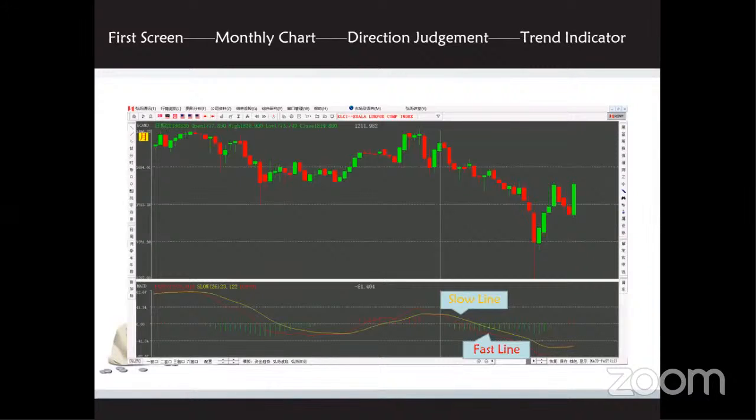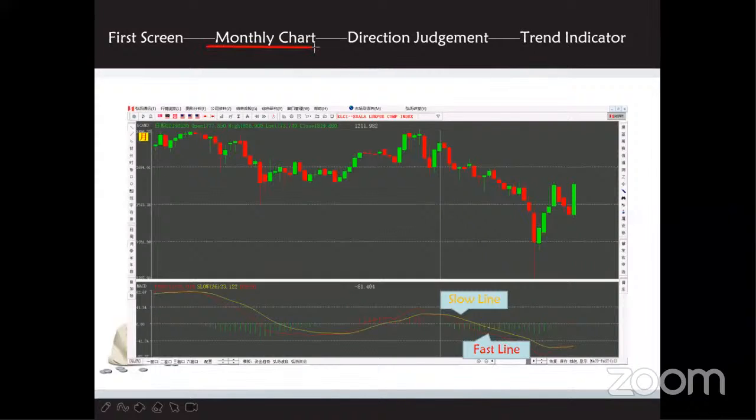The first one is the first screen. We need to use it on the monthly chart, which means the long-term trend, right? Monthly chart stands for the very long-term trend. This one we said just now, we need to judge the long-term direction, whether it is in uptrend or downtrend, to let us make a decision whether we can buy long or sell short.